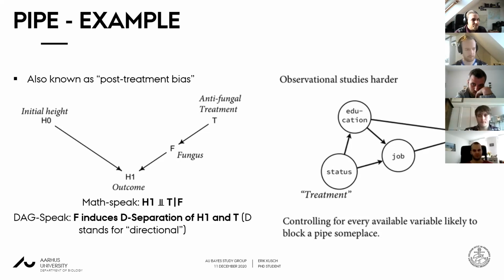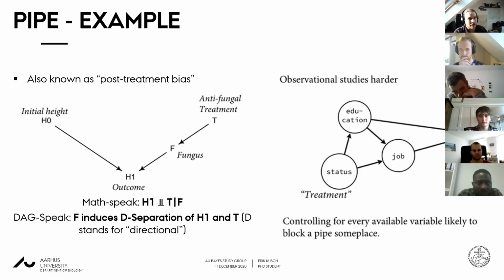Hope that makes sense. Now, when looking at this, at least that was one of my initial thoughts, because I work with somewhat complex DAGs, and I'm just now learning to break them down and then build them up piece by piece. I should have done that way earlier, but at least I'm doing it now. In these kinds of experimental manipulation studies or simulation studies, it's relatively easy to find these DAGs and to make good assumptions of where you should look for your conditional independence or your D-separation and how you should then condition your models.